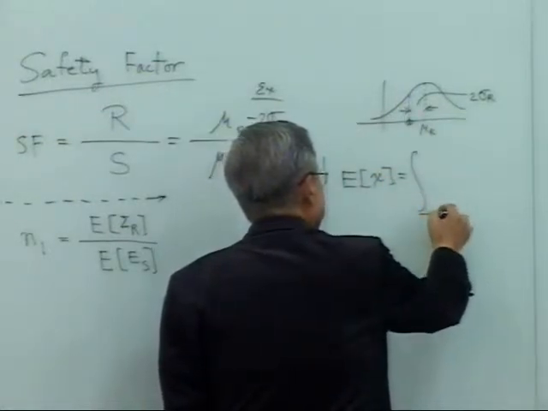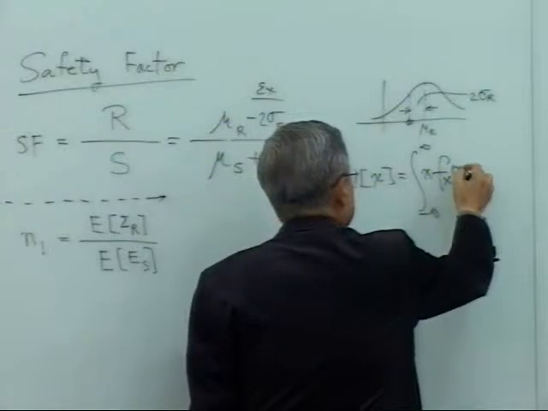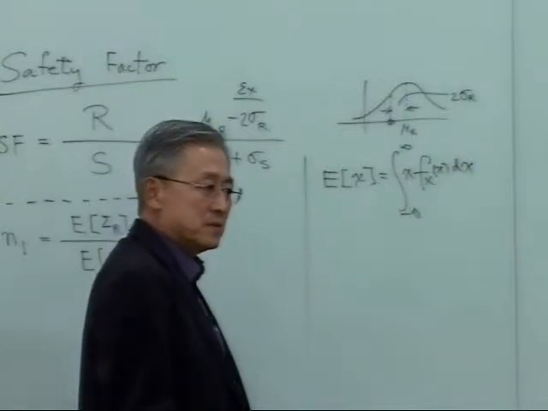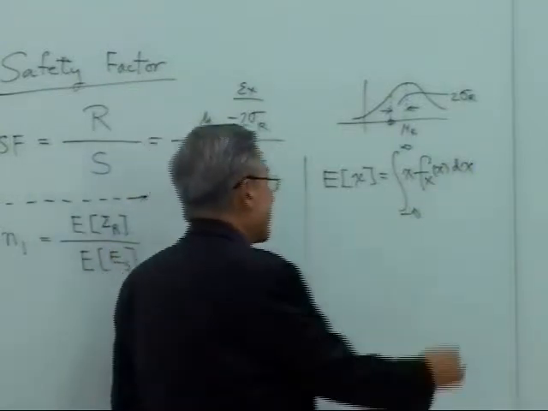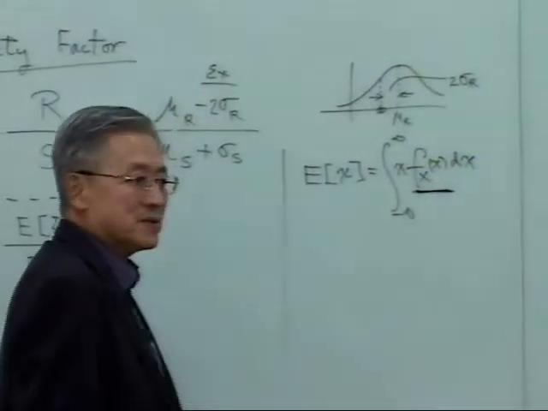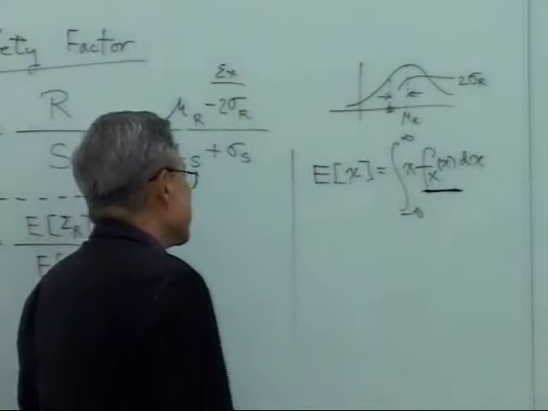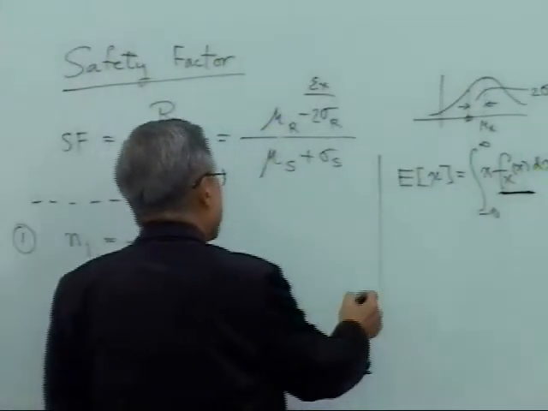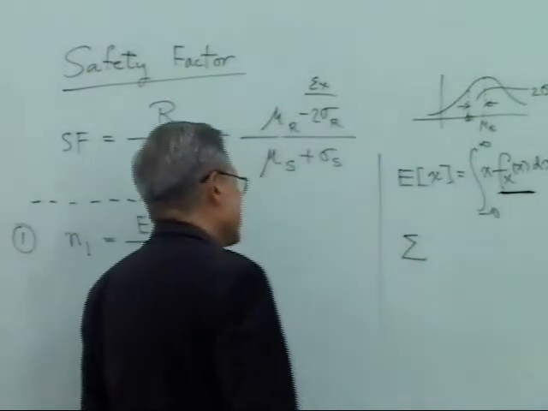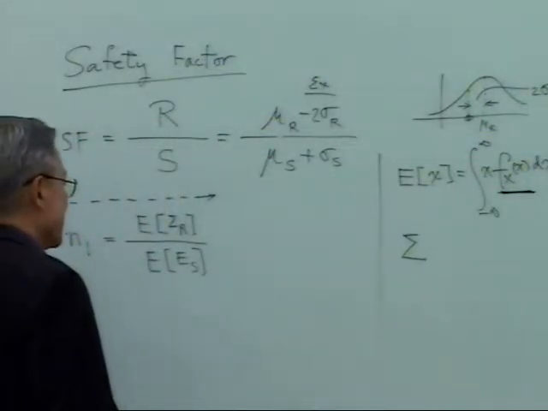Integration from minus infinity to infinity of x times f of x, the first order moment. Over here, we will spend about a week or 2 weeks looking at the probabilistic model. We needed that for the continuous model, and we are going to use it in the next 2 weeks, or we'll see how it goes.